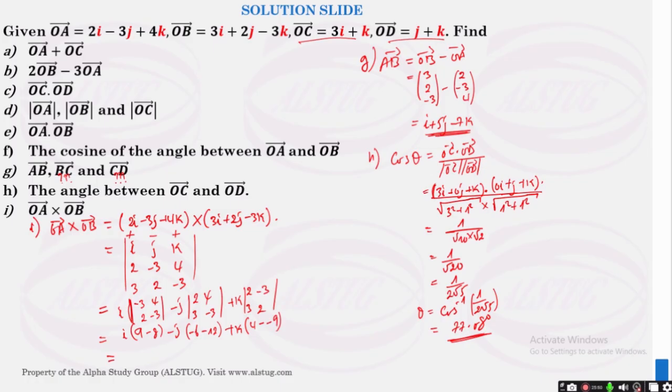So our cross product is 9 minus 8, that's 1, 1 times i, we have i. Negative 6 minus 12, we have minus 18j. And finally, 4 plus 9, that's 13k. That is our cross product.